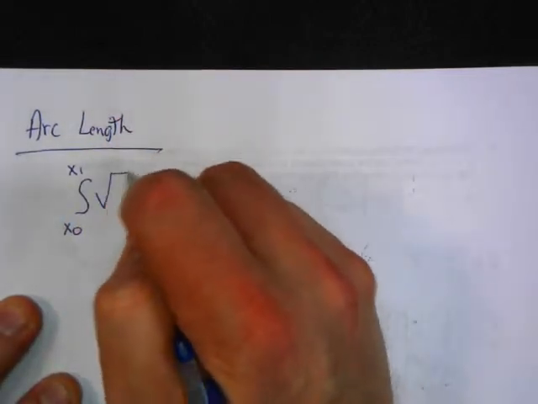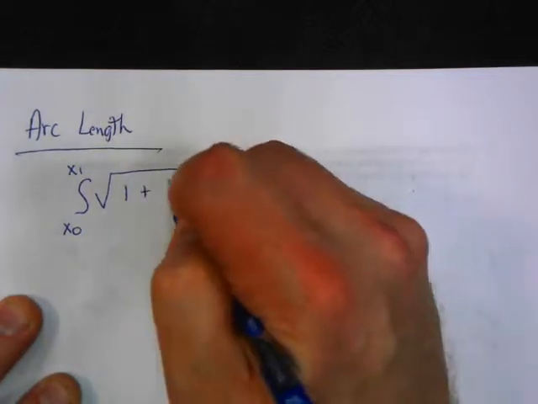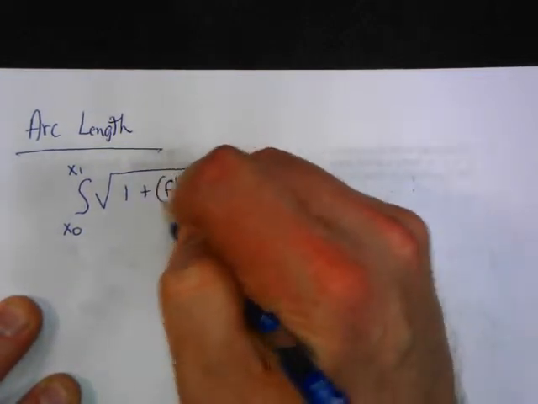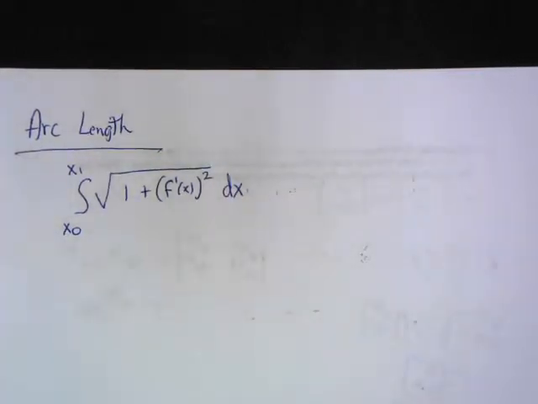The formula for arc length was the integral from x0 to x1 of the square root of 1 plus the derivative squared dx.